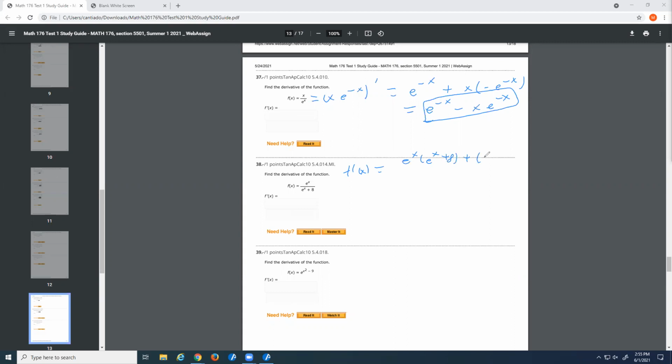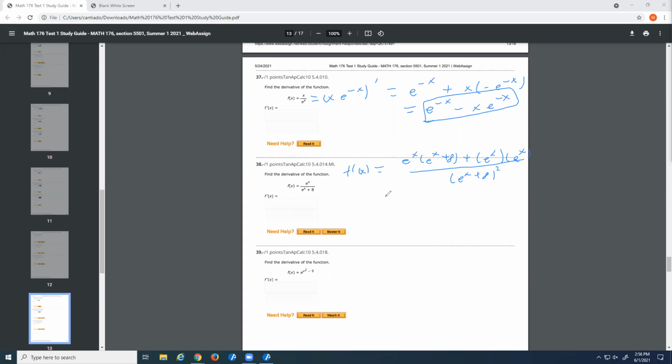Derivative of the bottom, it's just going to be e to the x, and the 8 goes away because it's just a constant, and then the original top is just e to the x. And in the denominator, we're just left with e to the x plus 8 all squared.